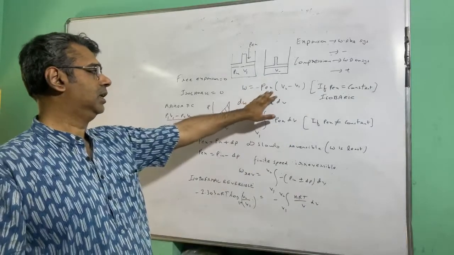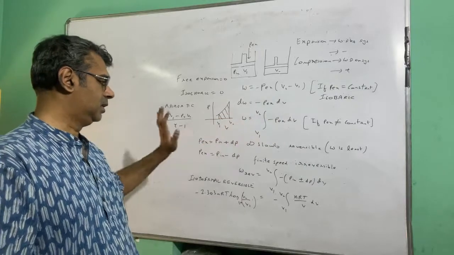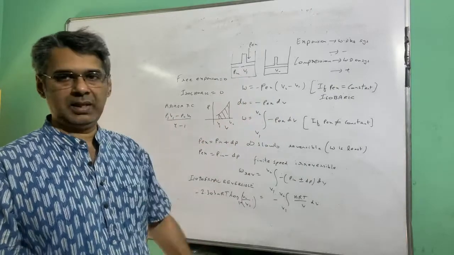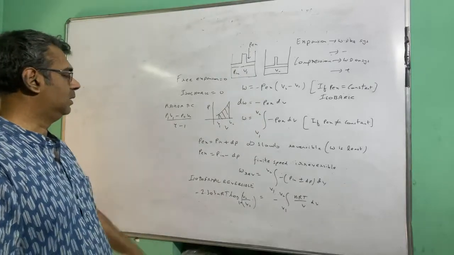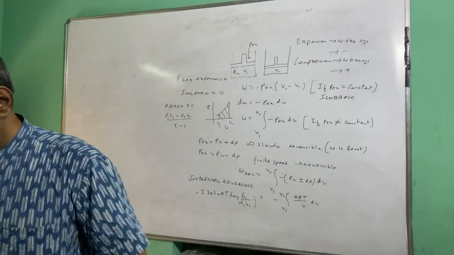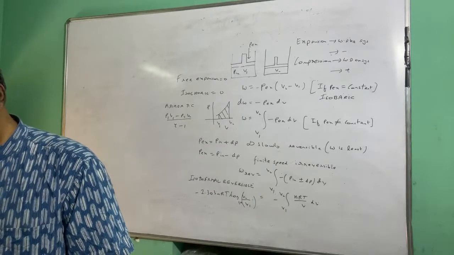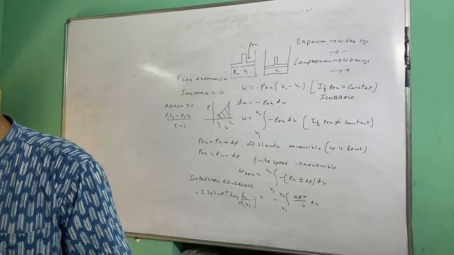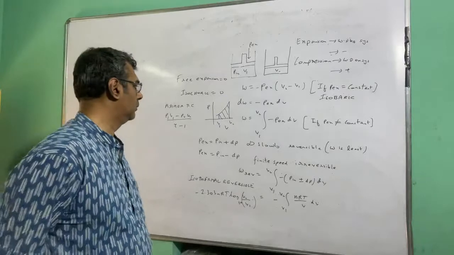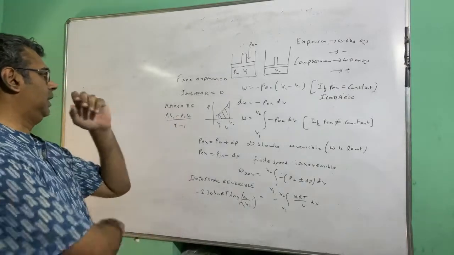This one is a general formula, there is nothing about ideal gas over here. But for isothermal reversible and adiabatic, the formulas assume that the system is an ideal gas.